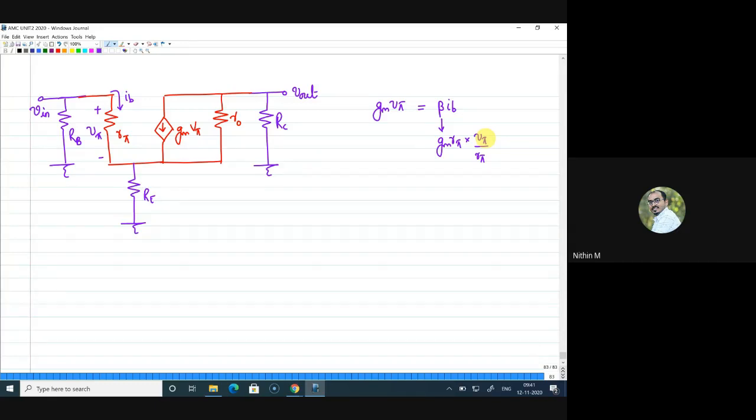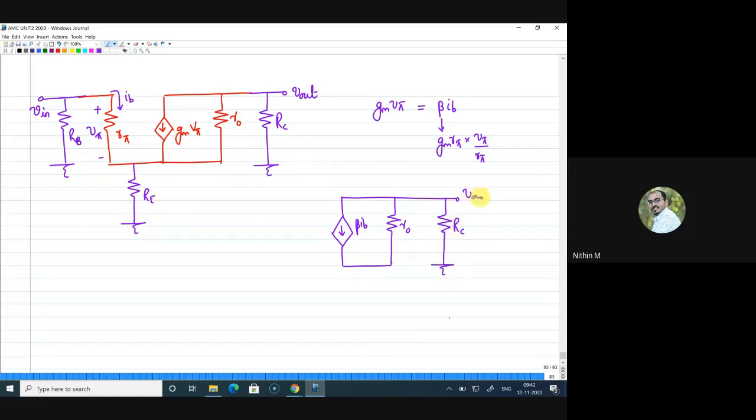So this is the usual model that you see in almost all textbooks. So I am just replacing this with beta IB. All the previous analysis you can also do with beta IB. But the reason we have followed this gmV pi model is that the result will be similar to our MOSFET circuit.